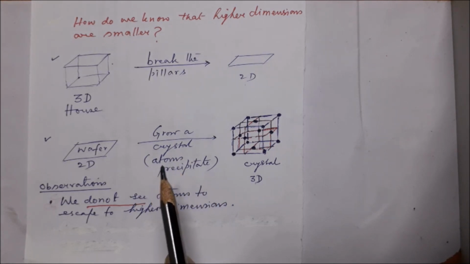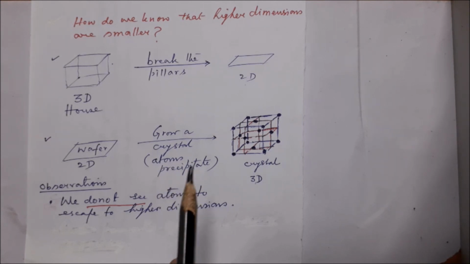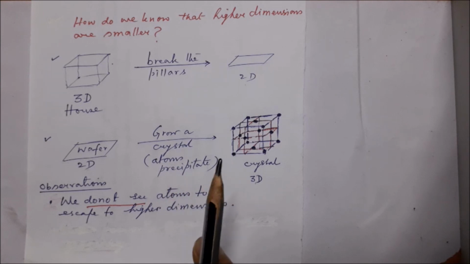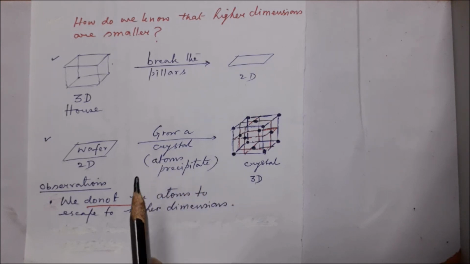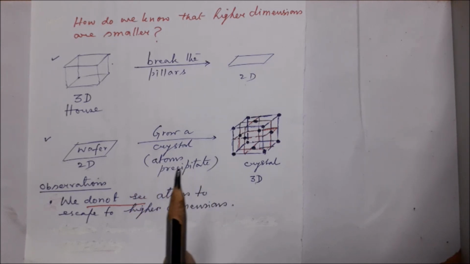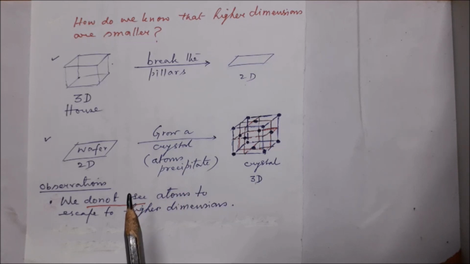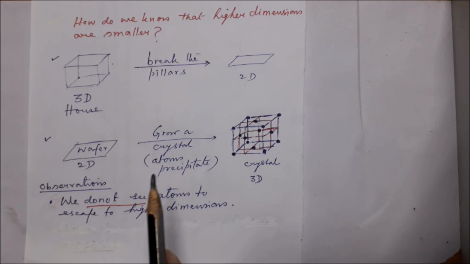If really there are higher extra dimensions, then one should observe such transformations. At least atoms should have escaped to higher dimensions. But we do not see such transition of materials or atoms. They do not disappear. So this means that they do not find enough dimensional space to disappear.